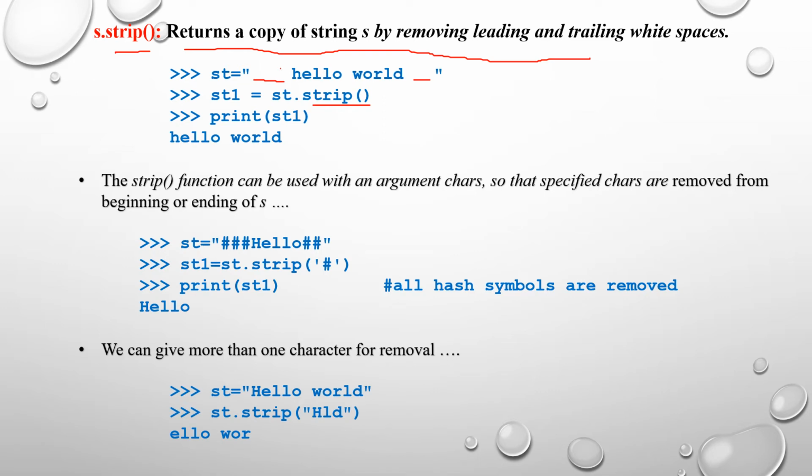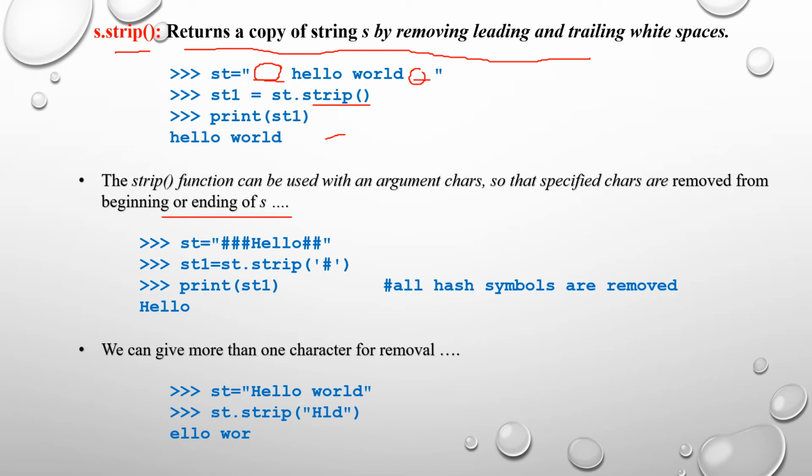So here it removes the spaces at the beginning and the end of the sentence. The strip function can be used with an argument of characters so that the specified characters are removed from the beginning or ending of s.